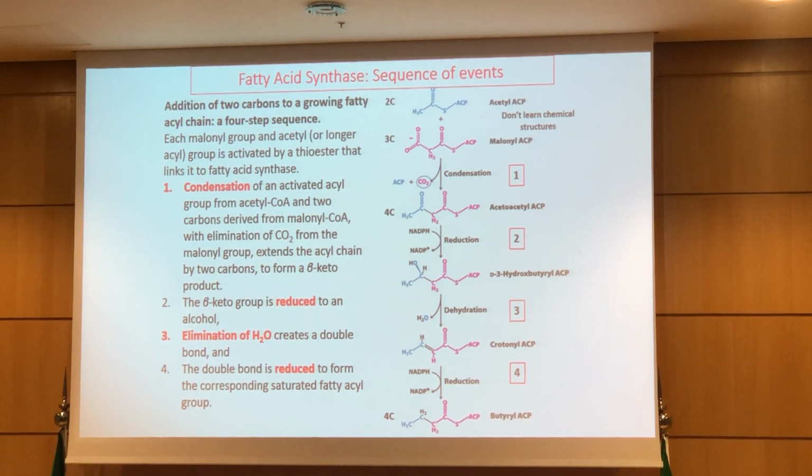I carry out a reduction, dehydration, reduction, and then I've got 6. You follow? And that's what happens during fatty acid synthesis. So you have a condensation reaction, a reduction reaction, a dehydration reaction, and then lastly another reduction reaction.